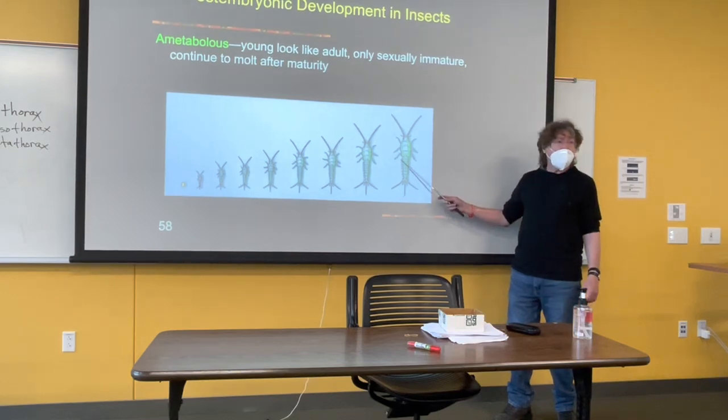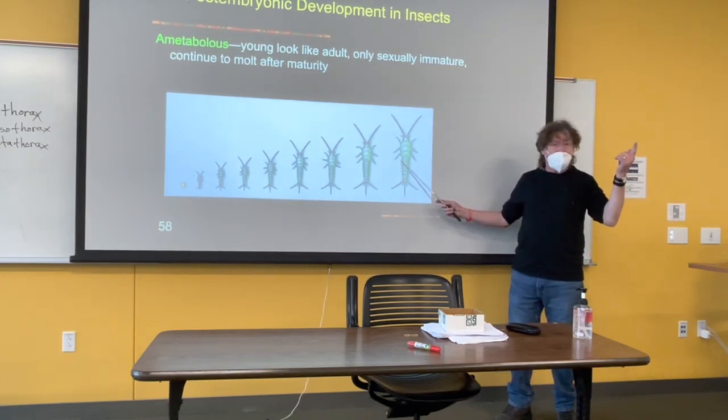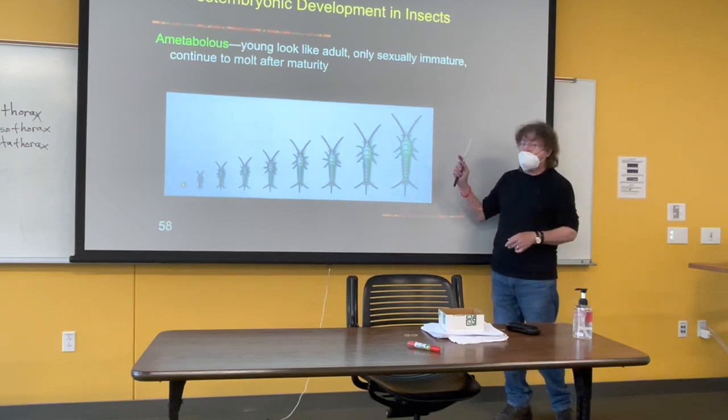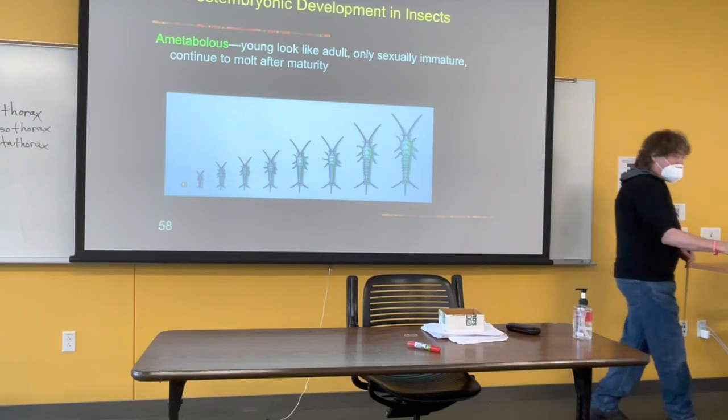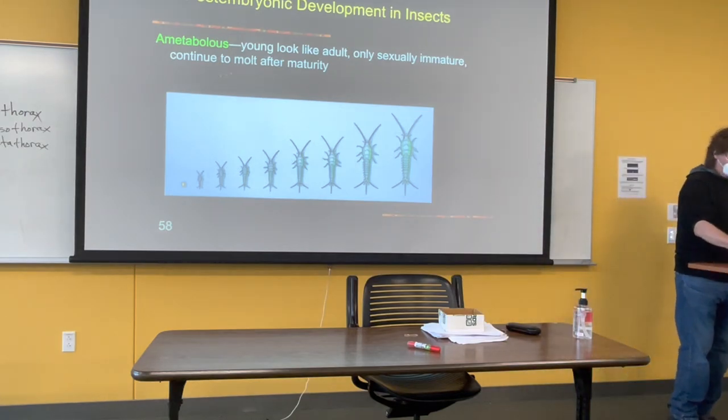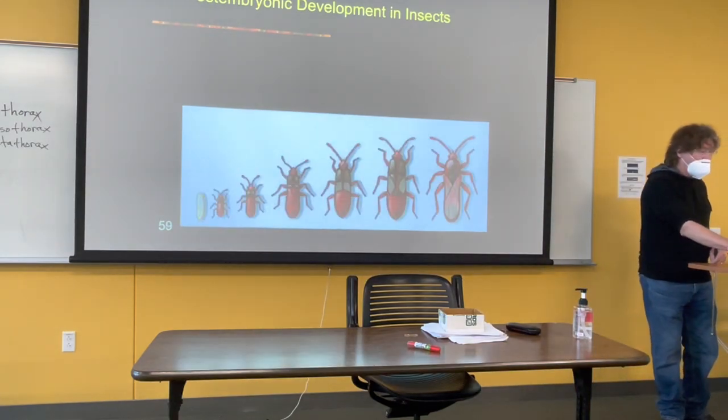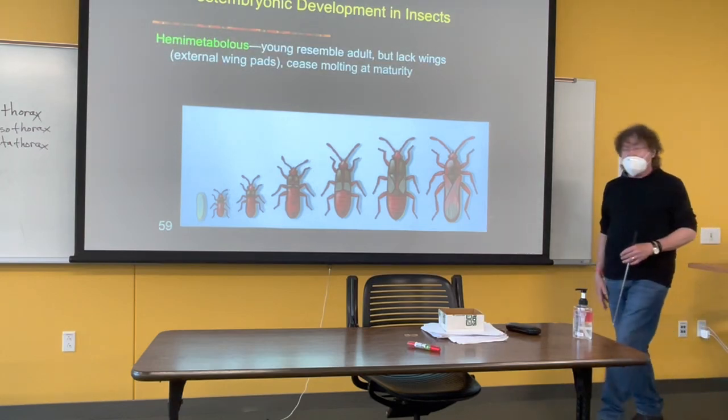That is way different than the rest of the insects. Because with the Pterygota, once they have molted into the adult, that's the last molt that they ever have. But this ametabolous group keeps right on molting all throughout their life. Okay, and this is what it is like in all the other arthropods as well.